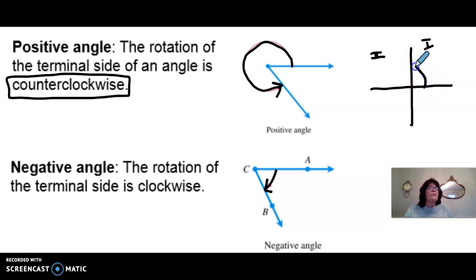So if I'm opening up towards the positive, I know that's a positive angle. I also know that if I start here and I go this way, I'm going into the negative y values, so I'm like, oh, okay, this is a negative 50 degrees or whatever. That just means I started, we always start at the same spot on the positive x-axis, okay? And then we either go in the positive direction, counterclockwise, or the negative direction and have a negative angle.